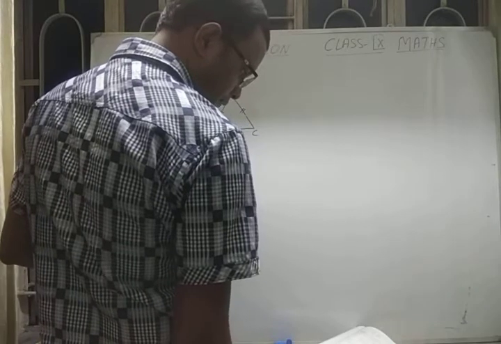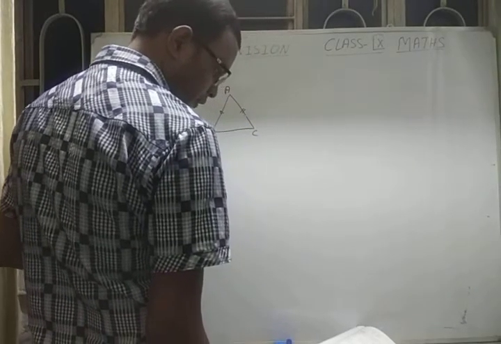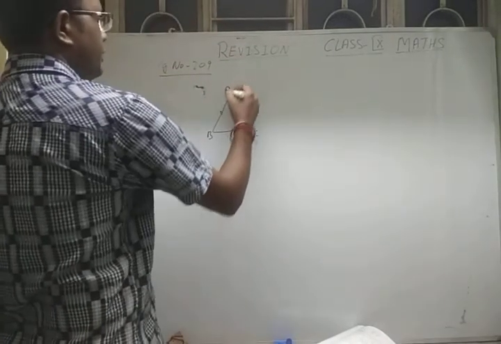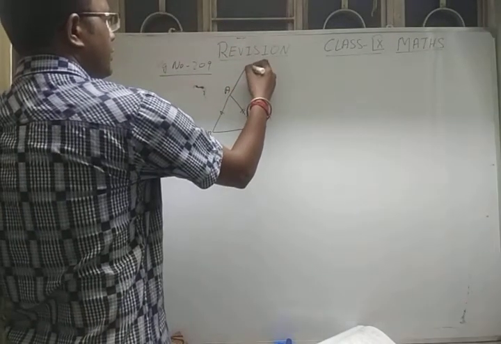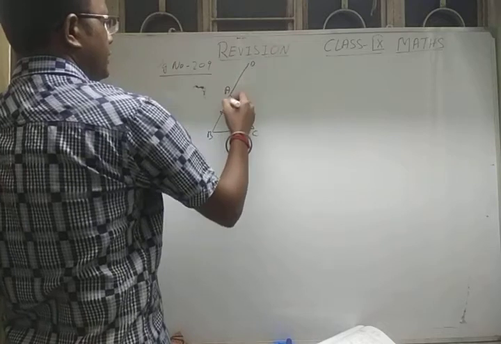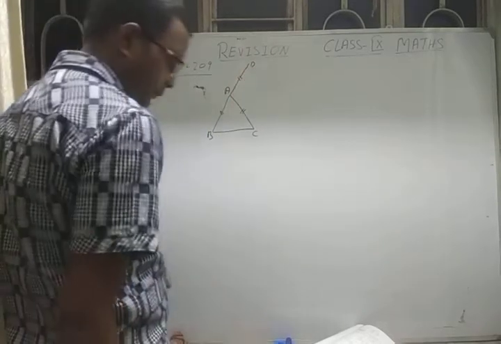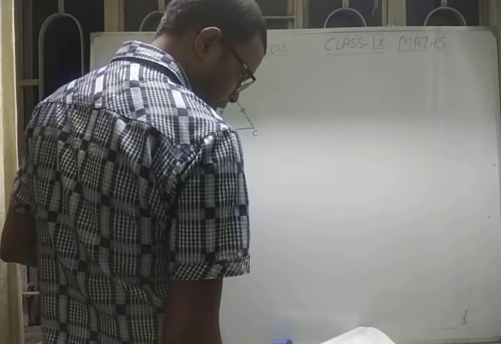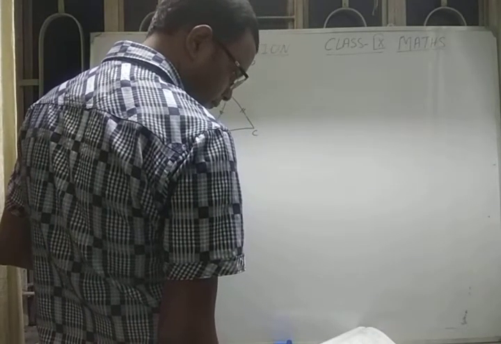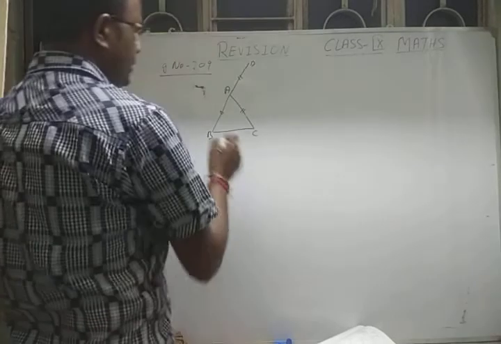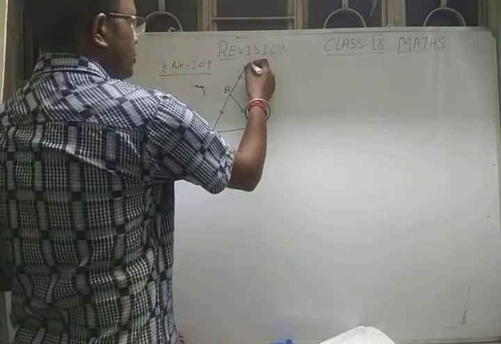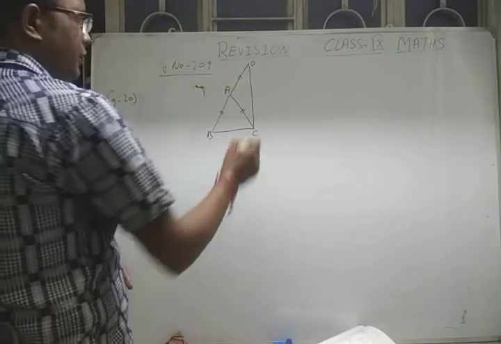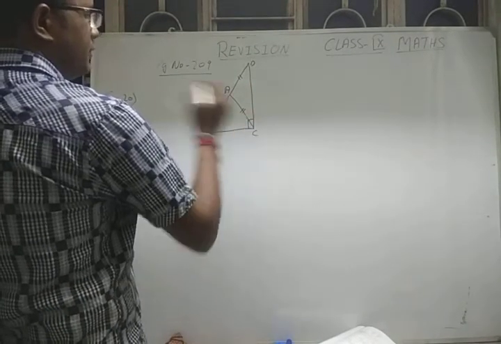Now it is said that side AB is produced to D, where AD is equal to AB. So we have to produce BA to D such that AB is equal to AD. Now show that angle BCD, if you join CD, is 90 degree.